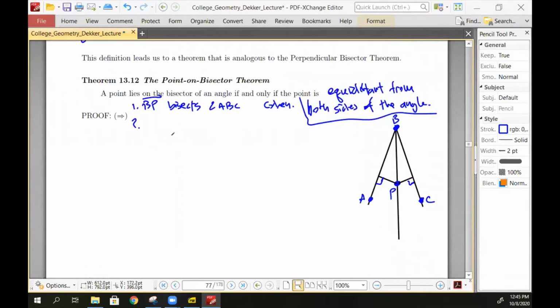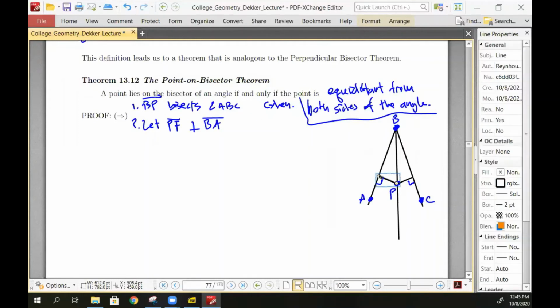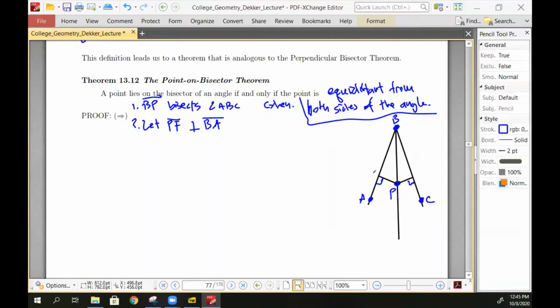So we say, all right, well, let PF be perpendicular to BA. So we'll call this point right here F. So PF is perpendicular to BA.